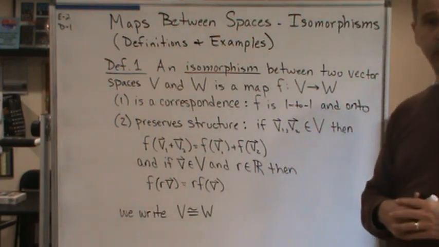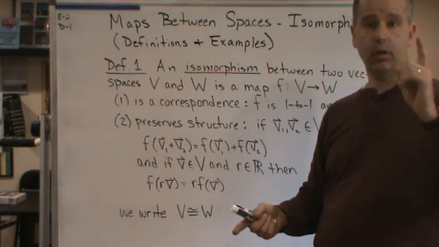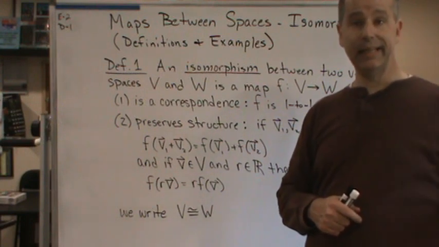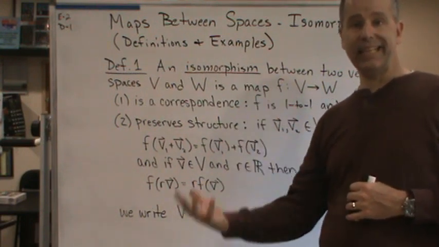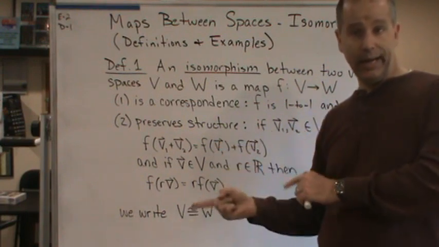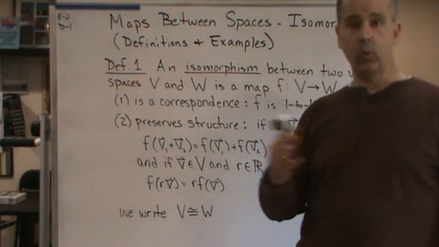And for every value in the domain, there is exactly one value in the range that it comes from. So that's what we mean by 1 to 1.